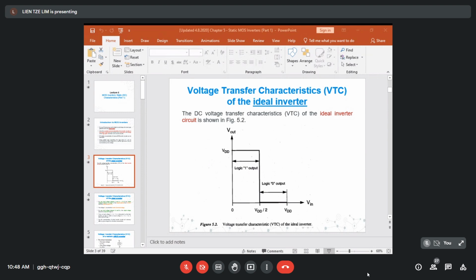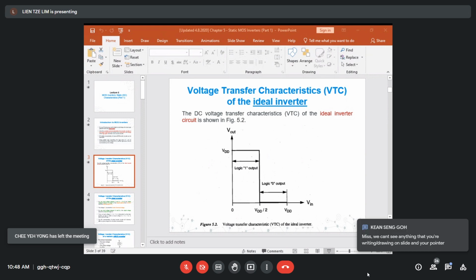The voltage VTH is called the inverter threshold voltage. For any input voltage between VTH and VDD, the output voltage assumes a value of 0.